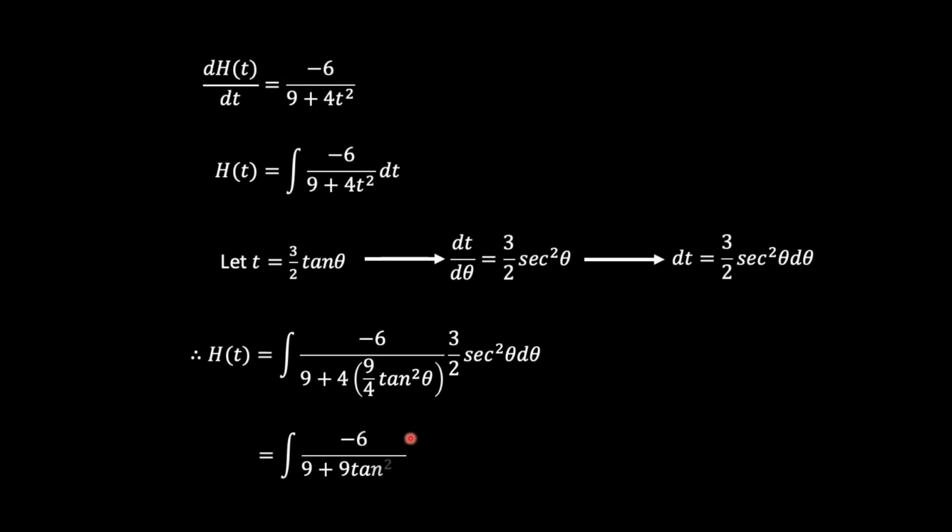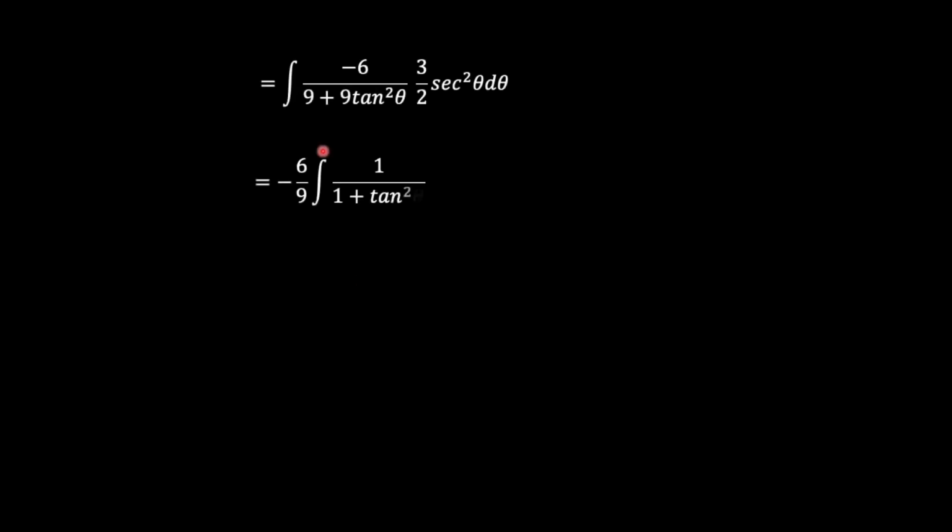And so the 4 and 4 cancel, so we have 9 plus 9 tan squared theta in the denominator, and the numerator still remains -6 times 3 over 2 sec squared theta d theta. So we can pull out the -6 and the 9, and so we're left with 1 over 1 plus tan squared theta times 3 over 2 sec squared theta d theta.